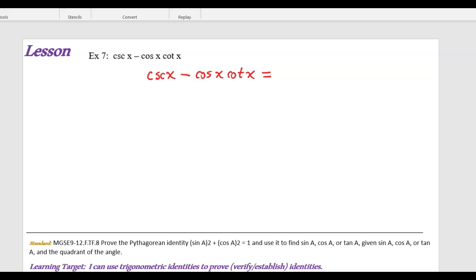Maybe not. So cosecant of x is 1 over sine of x minus cosine of x, leave that alone. Cotangent of x, I'm going to rewrite as cosine of x over sine of x. So I've used two identities in this case.